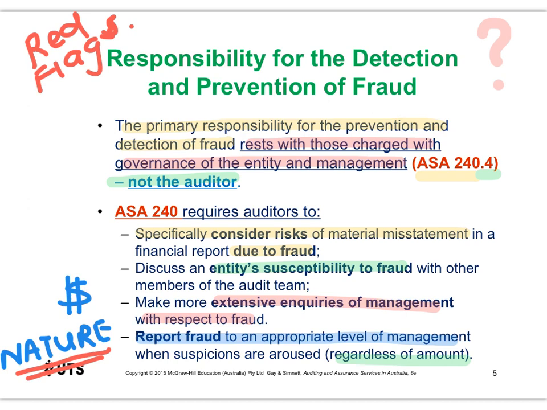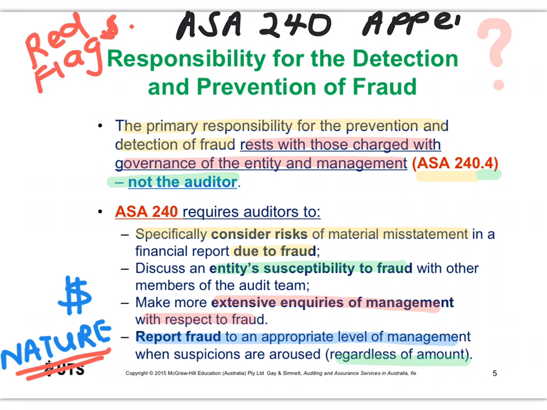And the final thing I'll mention here before we go to the next slide is you must refer to ASA 240, and more specifically, you must refer to the appendix of ASA 240. If you go to the appendix of that particular standard, you will see a massive list of potential red flags, things that, if they came up in an audit, the auditor should become very alert to and should investigate accordingly.